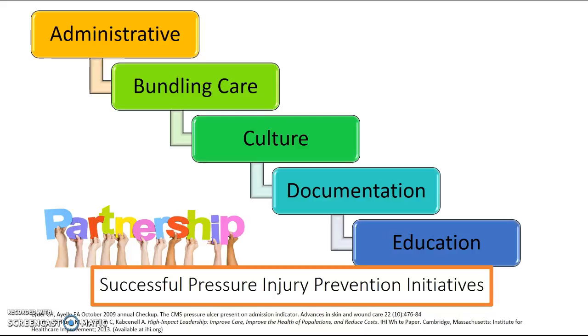We use this strategy developed by Aiello and Leiter in Vision 16 when we conducted our skin integrity summits. So we took all of our actions and we put them in these different categories to address how we would implement them. So under administrative, we knew it was very important that we had the resources that we need for equipment, and we addressed the barriers for nursing actions.